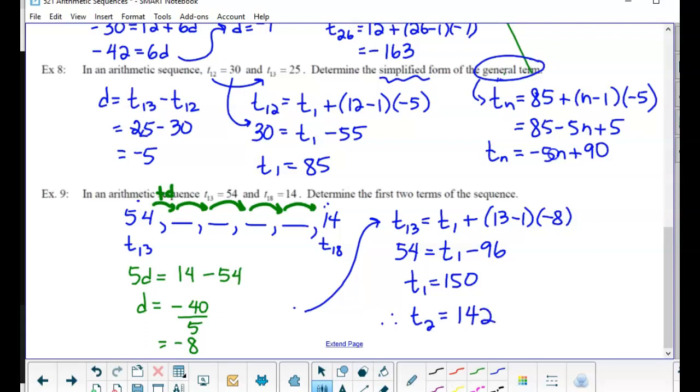And yeah, you can check it. Do it the long way, right? In this case, going backwards, you would add 8 and keep going. The thing is, people lose track of how much they're adding. Anyway, I'll show you afterwards.